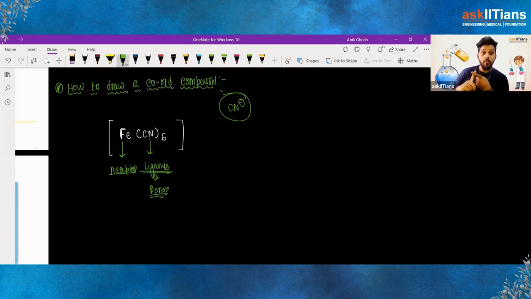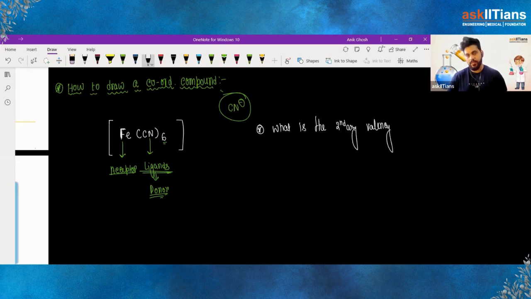Now, as you can see, how many donor atoms do you see, guys? You see a total of 6 donor atoms here. So if I ask you this question, what is the secondary valency of iron, Fe?